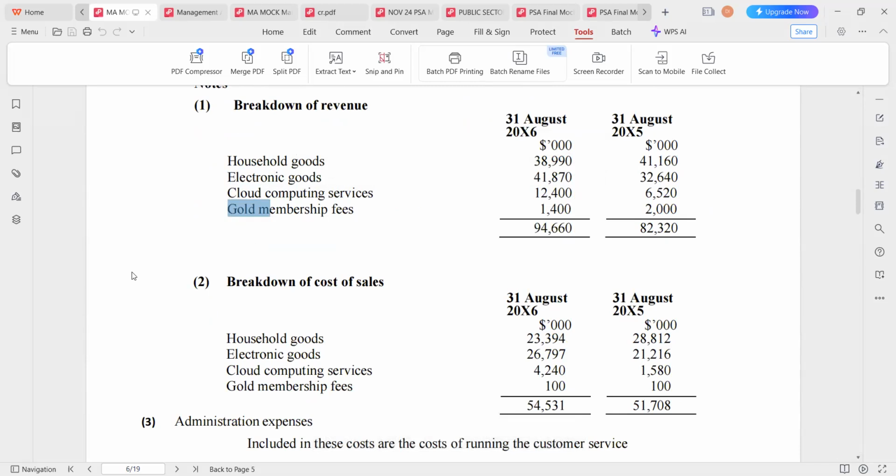Once the examiner has given you the breakdown, we expect you to calculate the ratios also as a breakdown. So what to do is that you must also do the breakdown.